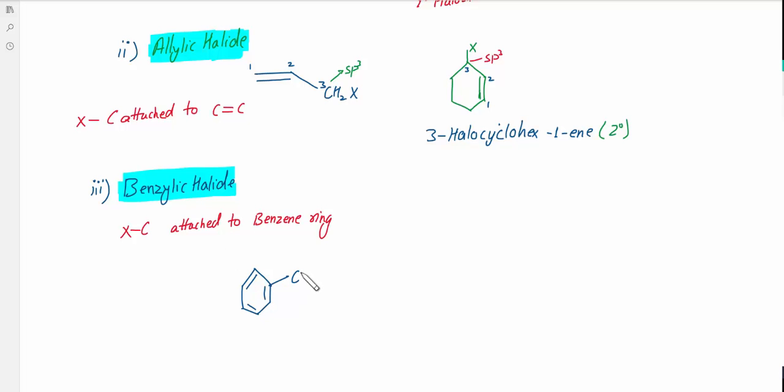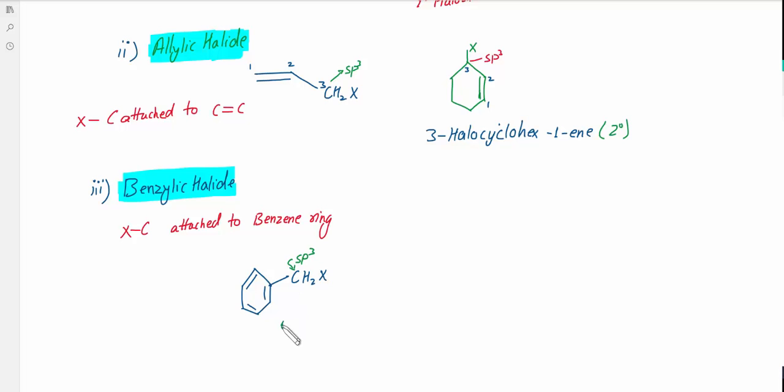Now this will be connected to, say for example, CH2X, right? So this is your benzylic halide, and as you can see here, this carbon to which it is attached is sp3, so no problem here, this belongs to this category.